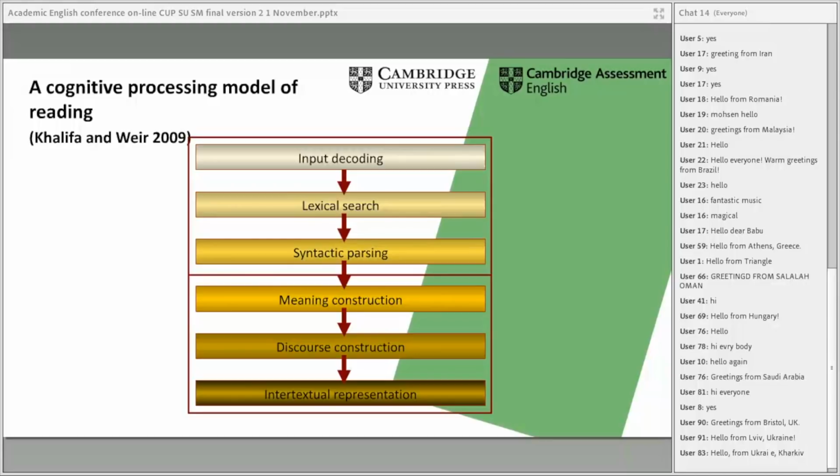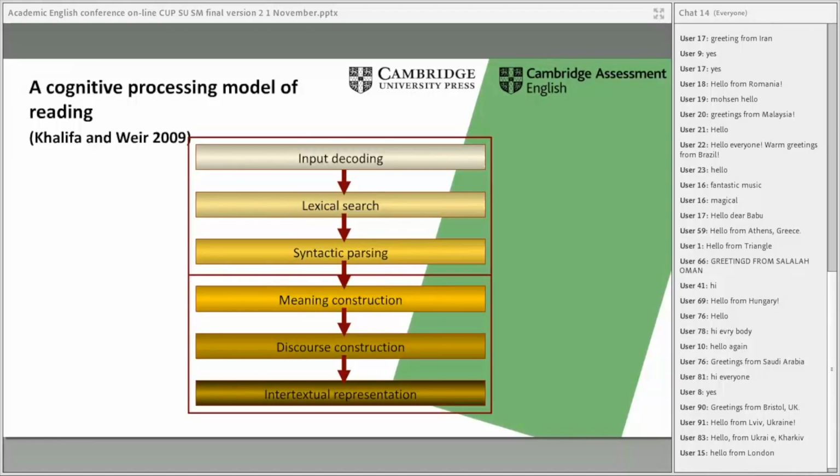And as the reader progresses through these different stages within the model, the processing becomes automatic. So as a reader, you don't need to pay attention to the earlier stages of the model, because this becomes kind of automatic for you.